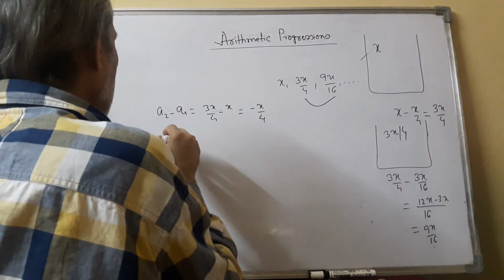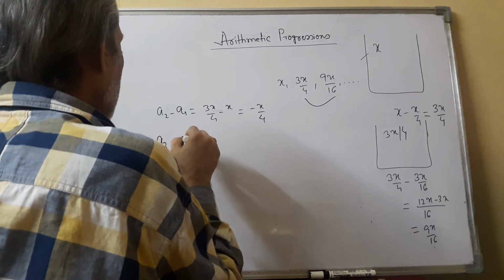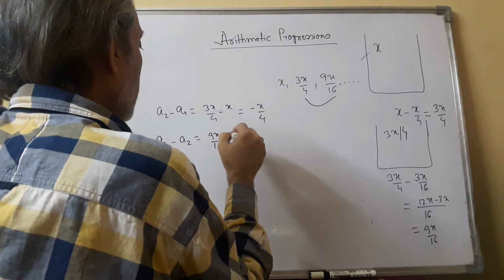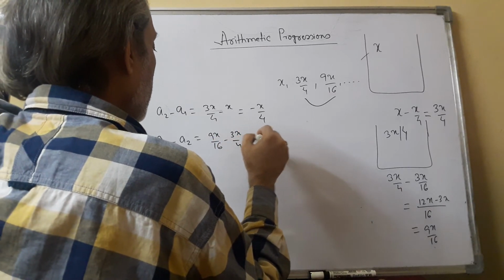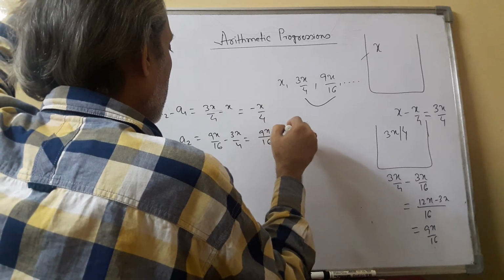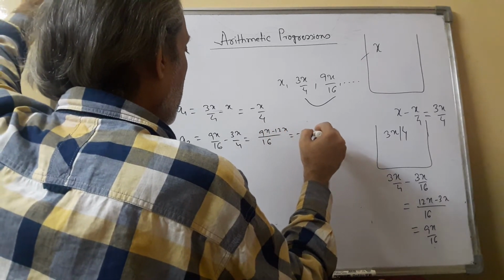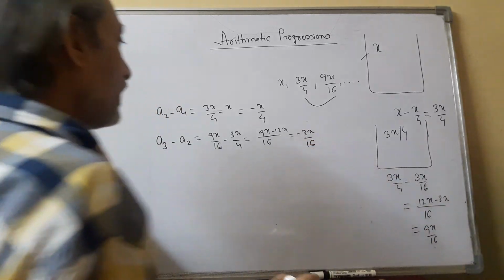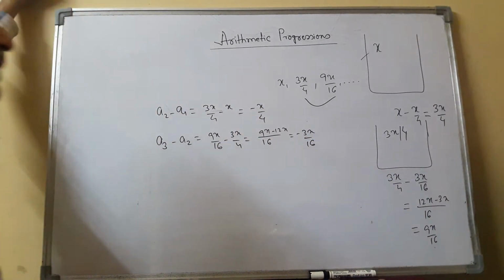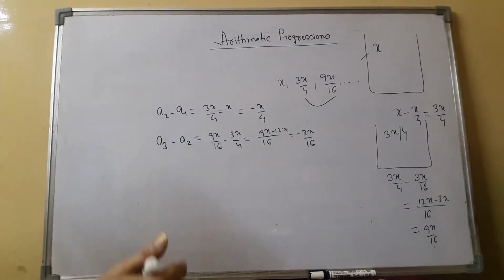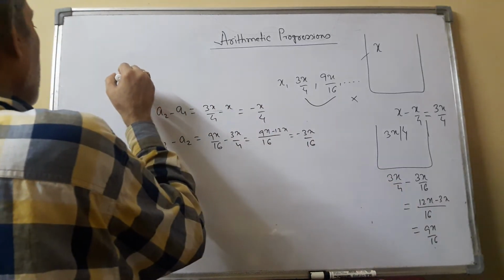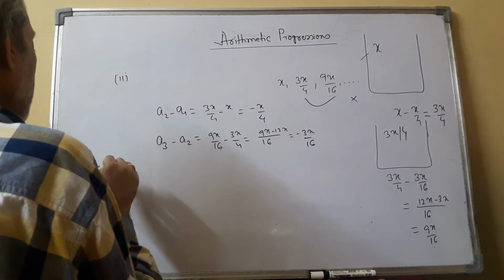The difference between these two terms is what? And you can very well see these differences are not equal, meaning d is not constant, and therefore it is not an AP. So second part, not an AP.